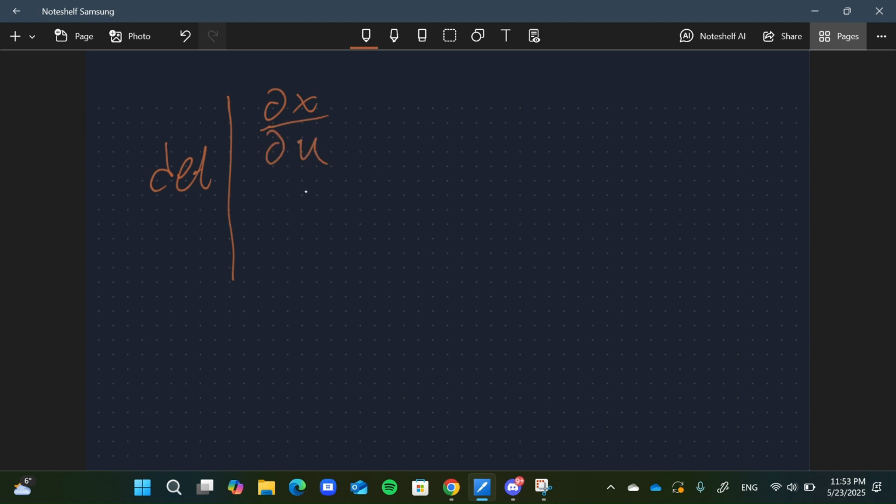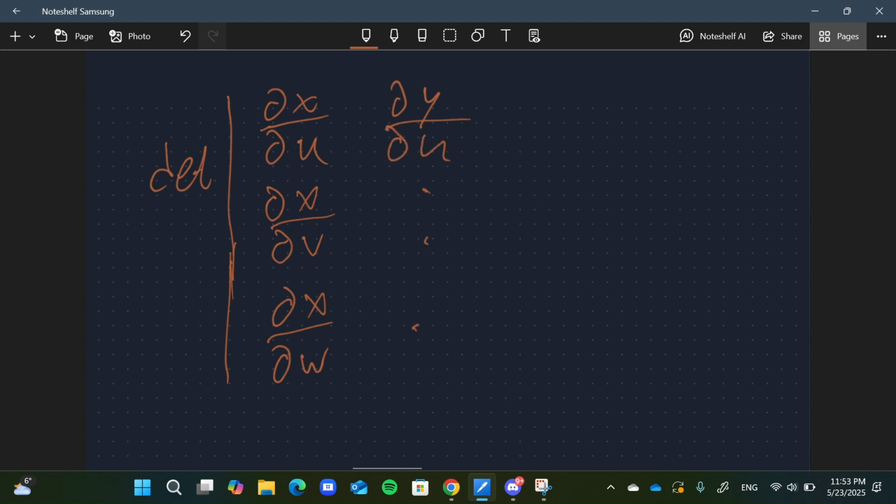But let's go to the Jacobian determinant, and that'll of course be the determinant of all the partial derivatives with respect to all, you get what I mean, du, dv, dw, all the partial derivatives of each variable with respect to each of the transformed variables. So we'll have dy here, du, you get the gist of it.